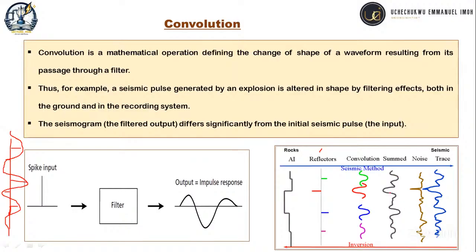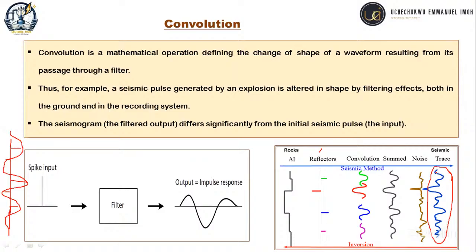If you introduce the noise that's also recorded by the geophones, this is what we'll come up with. So our seismic trace is a product of both our reflection signals and noises, okay, or reflected waves and also the noises. So at the end of the day, this is what we have.